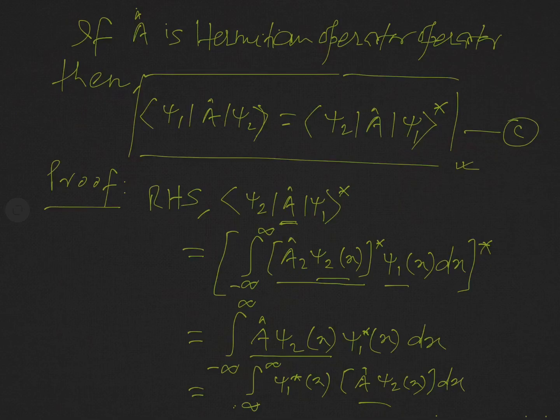So I am just writing here, this will be actually equal to <psi 1| A |psi 2>, and this is nothing but LHS of equation C. So we have seen that these two quantities are same, and as I have told you, this will be very beneficial when we will solve the problems based on Hermitian operator. So remember this property always.